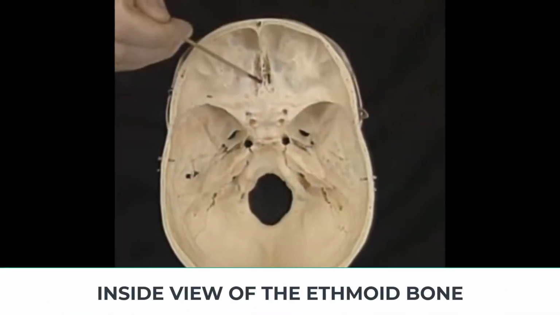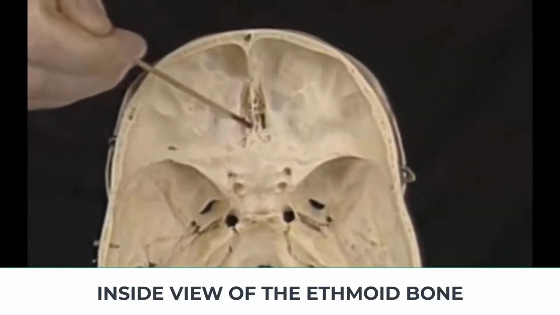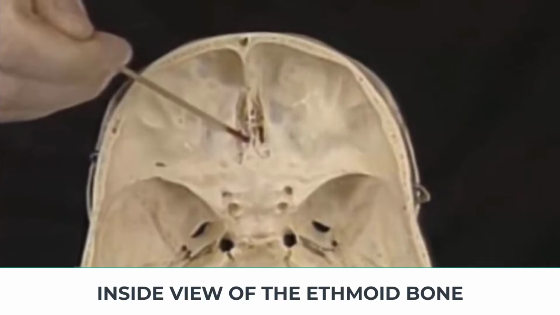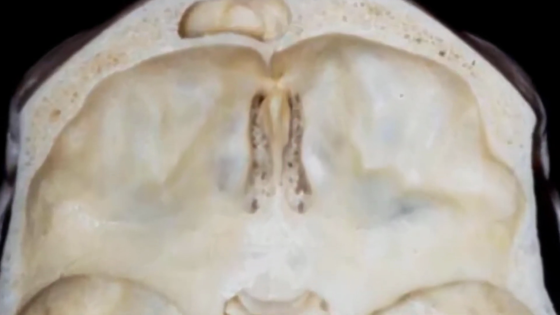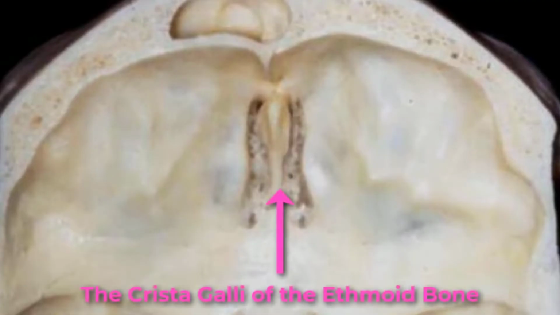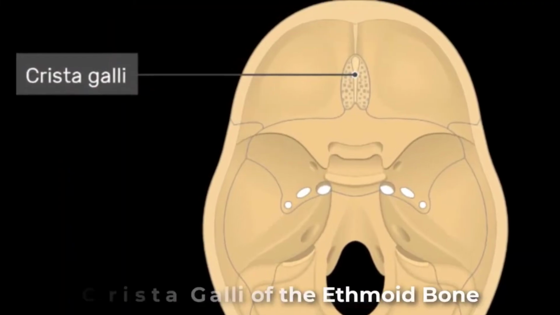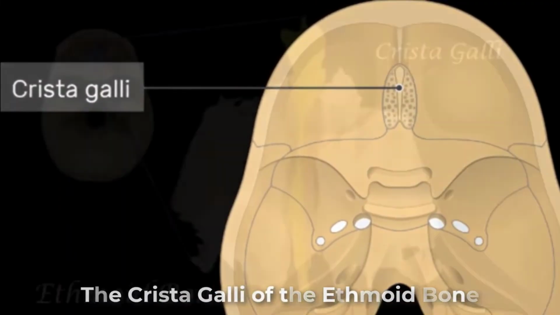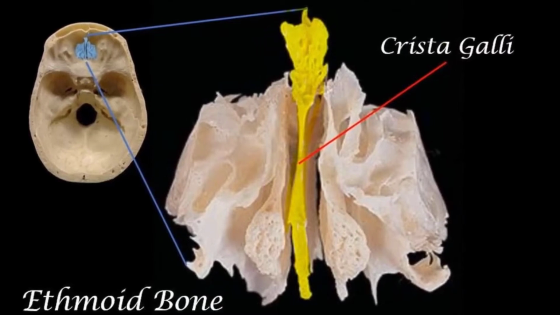In the cranial cavity, the ethmoid bone forms a small area at the midline in the floor of the anterior cranial fossa. This portion of the ethmoid bone consists of 2 parts, the crista galli and the cribriform plates. The crista galli, which means rooster's comb or crest, is a small upward bony projection located at the midline.